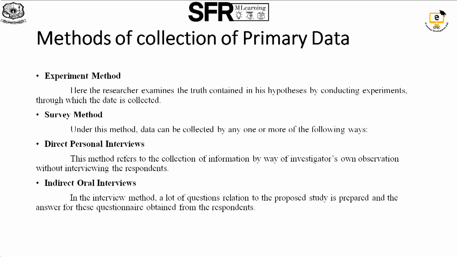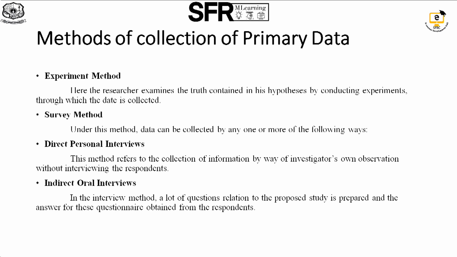Direct personal interview means this method refers to the collection of information by the investigator's own observation or by interviewing respondents. We directly go and get the information from the particular person we have to interview, a one-to-one interview. Next, indirect oral interview means in this method a lot of questions related to the proposed study are prepared and the answers are obtained from the respondents.